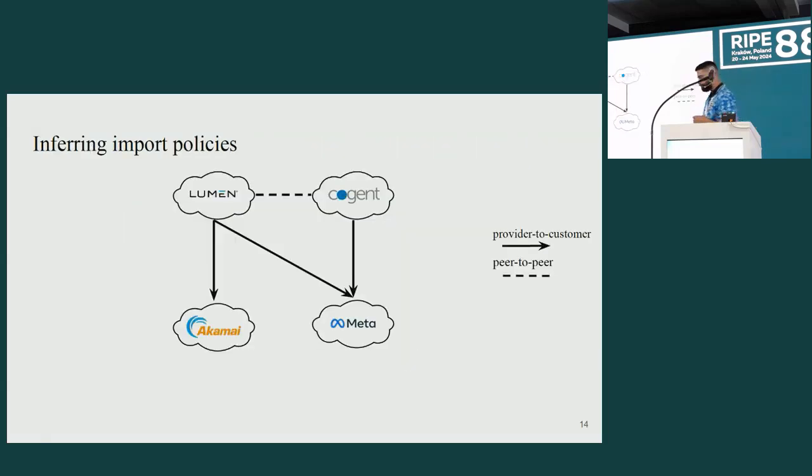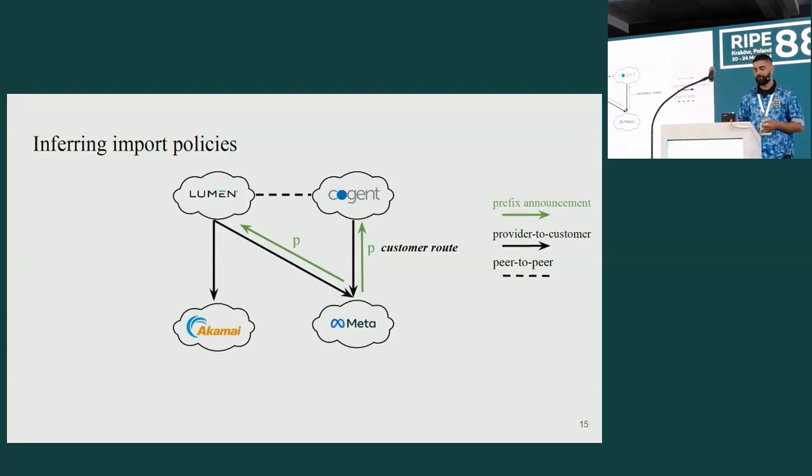Now, for the import policies part, we need to define some terms. In the previous example, Meta is a multi-home customer to Lumen and Cogent, and Meta announces a prefix they own to both of their providers. Lumen and Cogent, since they have Meta as a customer, are going to receive a customer route for that Meta prefix.